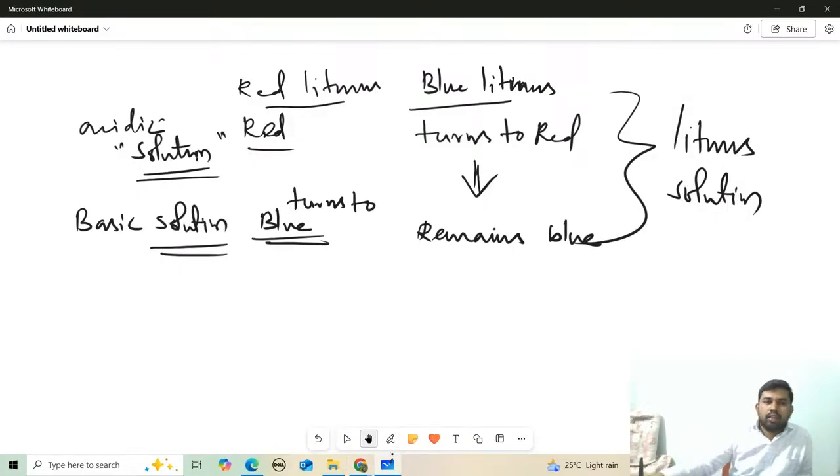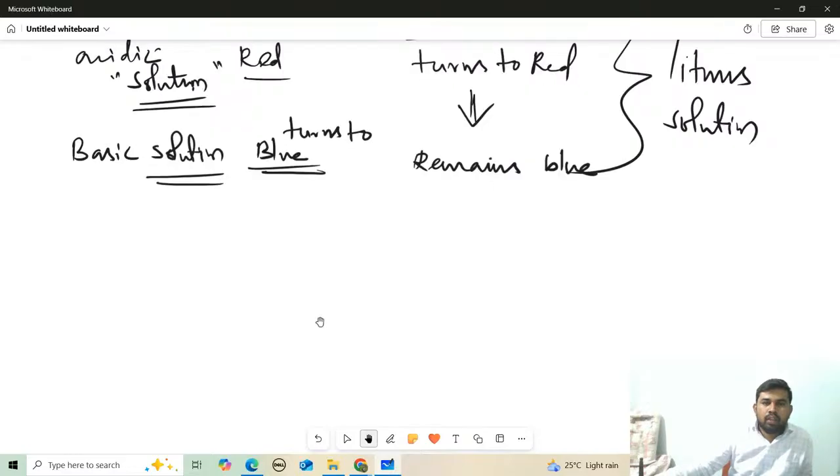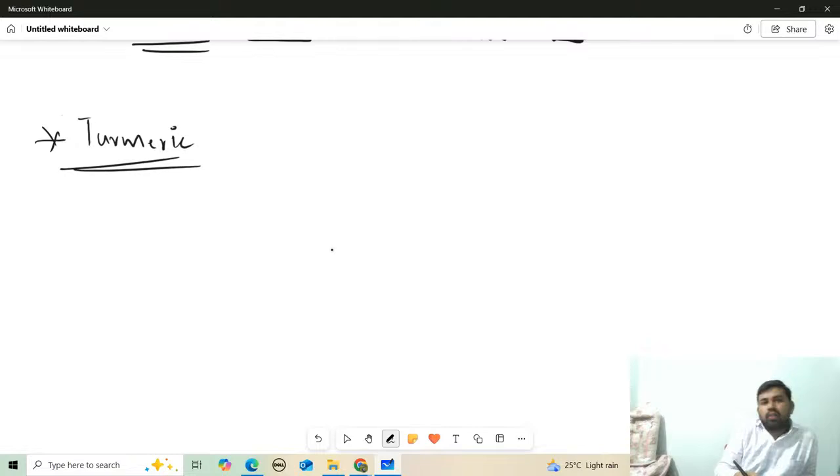We have one more indicator, turmeric powder. You can see in the first part they gave the example of a curry stain falling on a white cloth, which turns reddish brown, because turmeric solution, if it is acidic, remains yellow only.